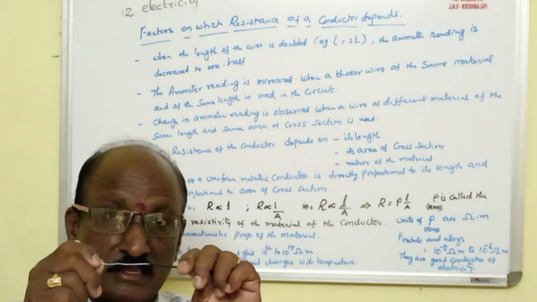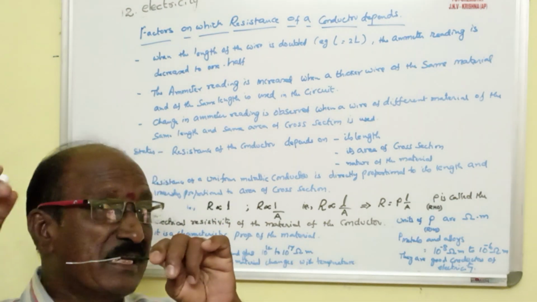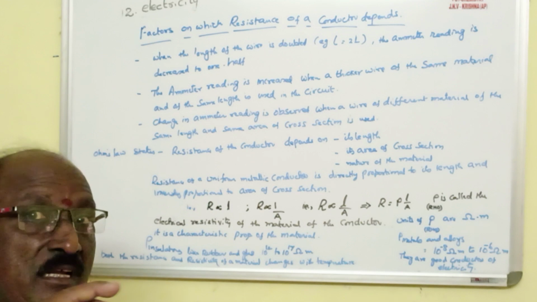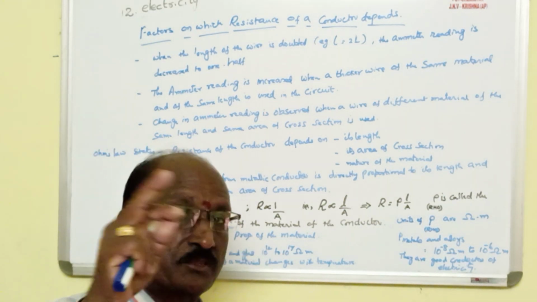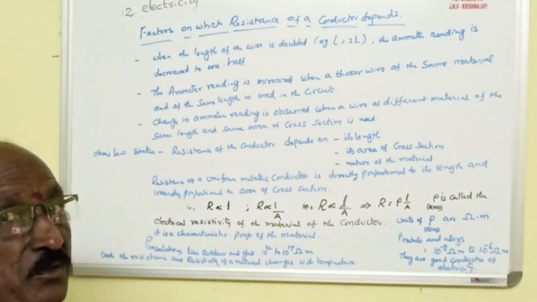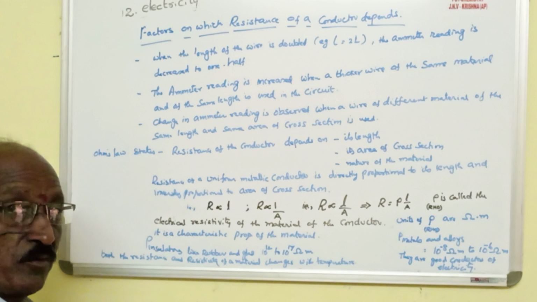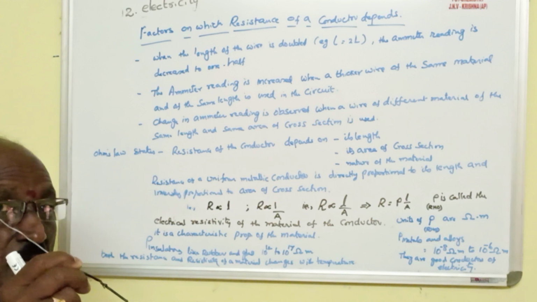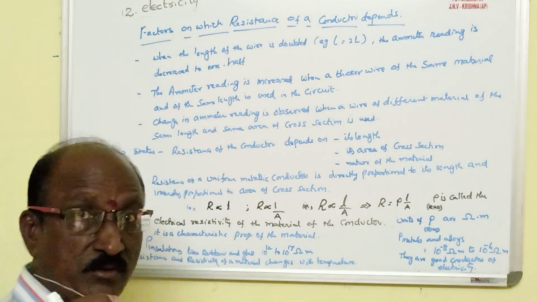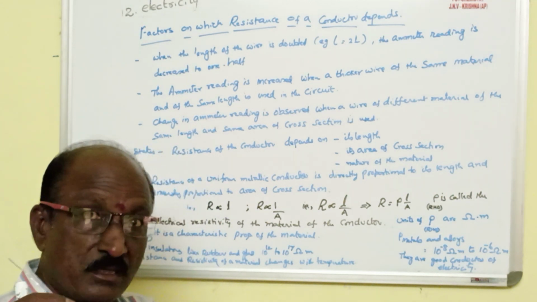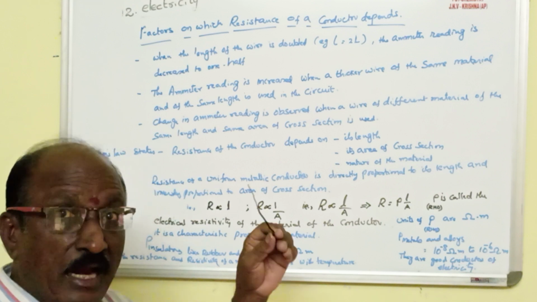In the second case, if the thickness is increased, you can see a rise in deflection of the ammeter. So the current flowing through the conducting wire depends upon the thickness also, the area of cross section, along with length.